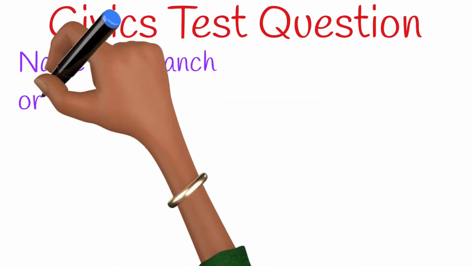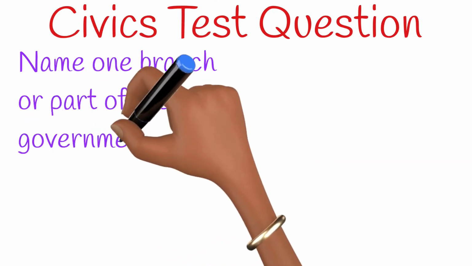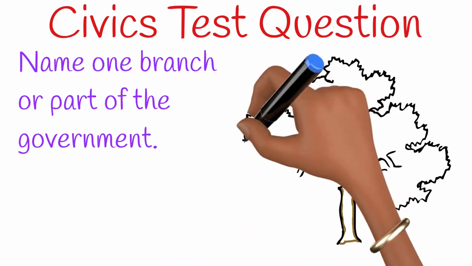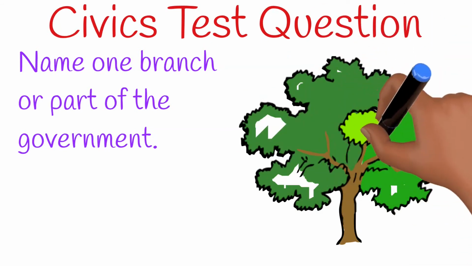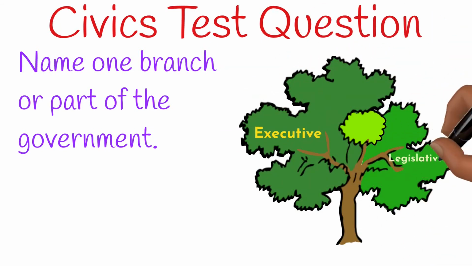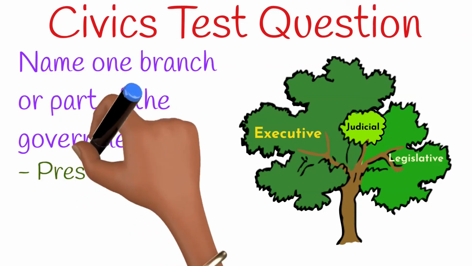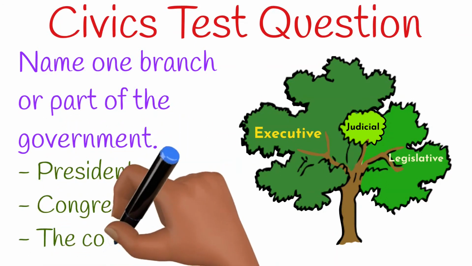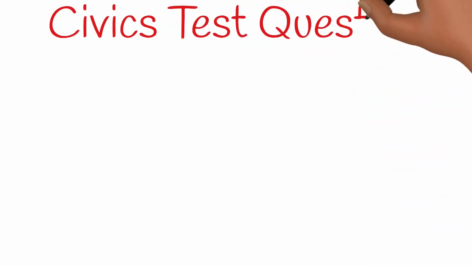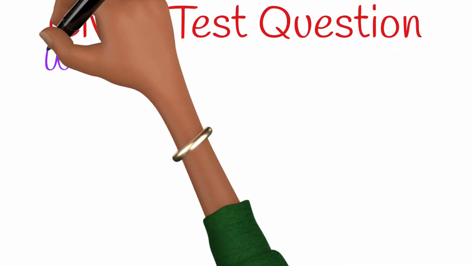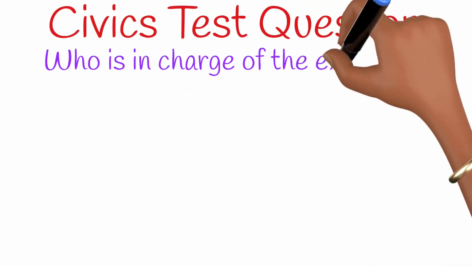Name one branch or part of the government. The 3 branches are executive, legislative, and judicial. You could also answer President, Congress, or the courts. Who is in charge of the executive branch?